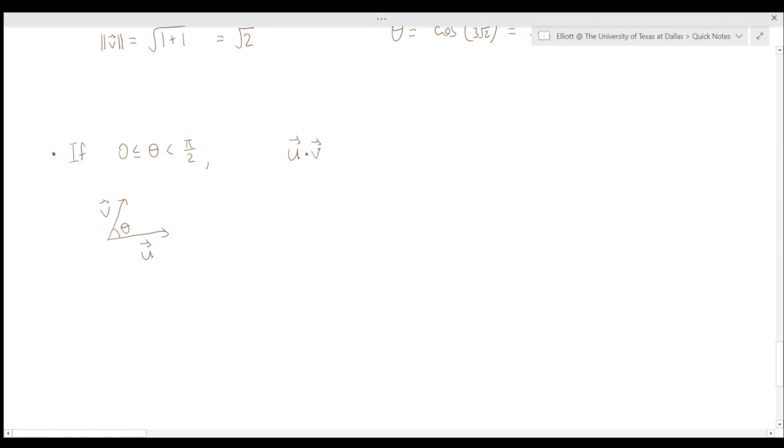So when you look at this formula for the dot product, everything on the right is positive. And so hence the dot product you can conclude will be positive altogether.